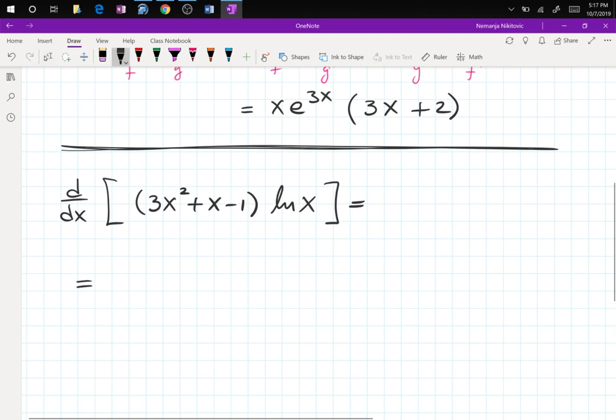Copy the first, derivative of the second, plus, go on, you got this.